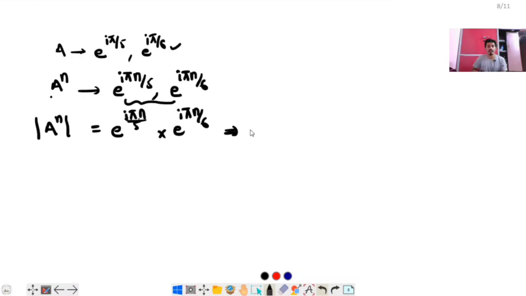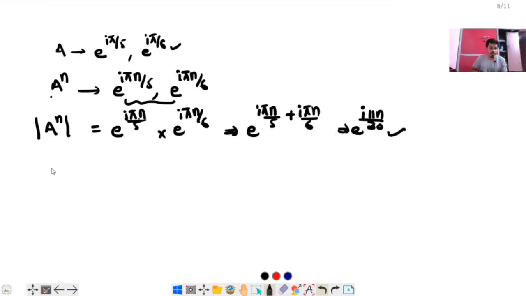Now you solve, you get iota pi n by 5 plus iota pi n by 6, which gives e power iota 11 pi n by 30.